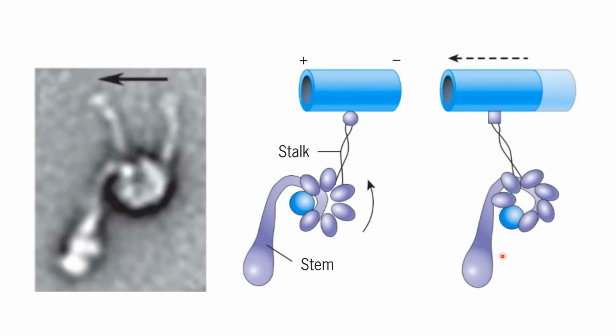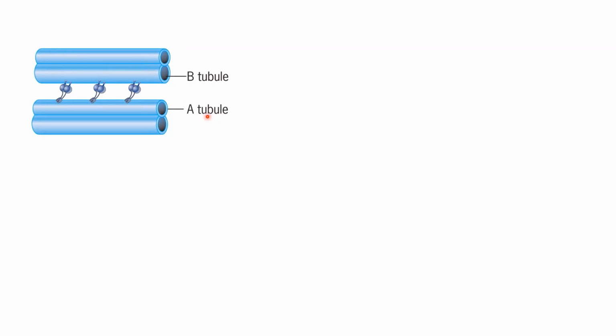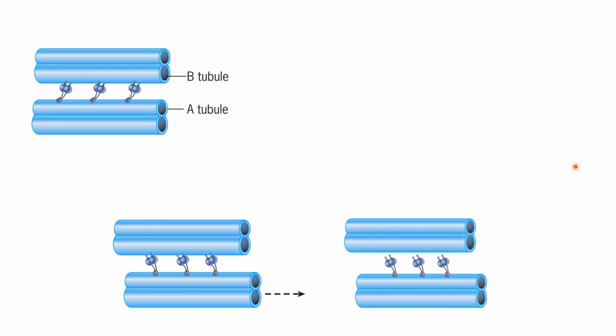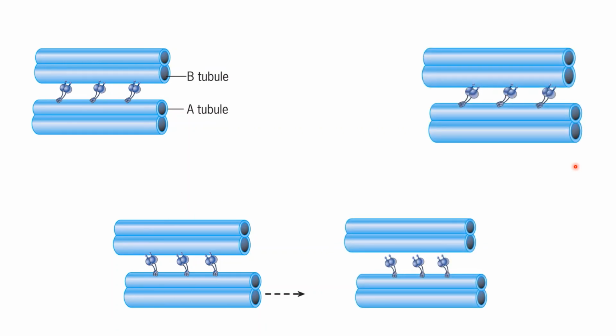With the use of ATP, as the flagellar dynein moves like this, it also moves with it the B microtubule from another doublet. If this happens synchronously, as you see here, we can see the movement, or the sliding, of the different doublets of the flagella or cilia. And then there is a recovery stroke, as we can see here, so that this can repeat again.